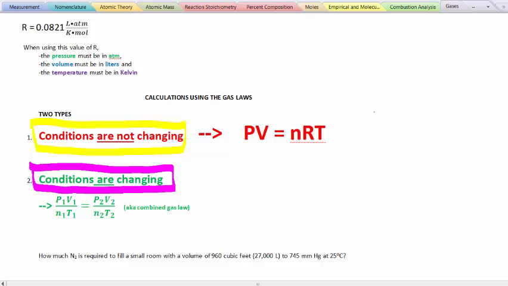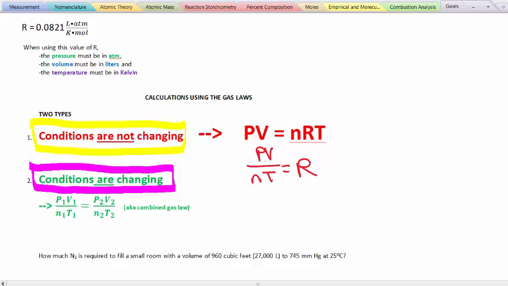Basically, and I'll show you where this comes from, if I say I have condition one, like the gas at an initial condition, and I rearrange the ideal gas law, I get that PV over nT is equal to R, R being our gas constant.